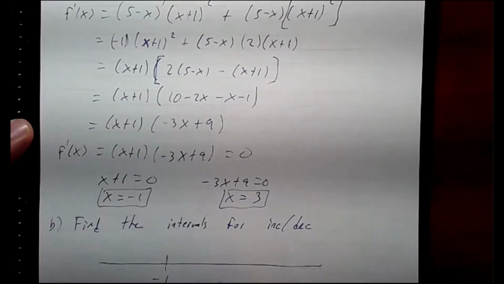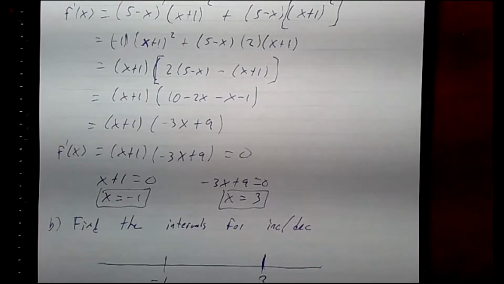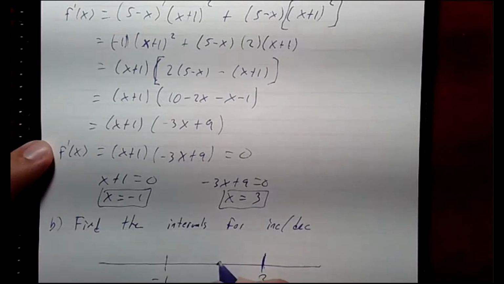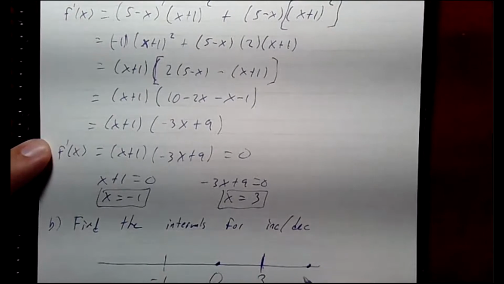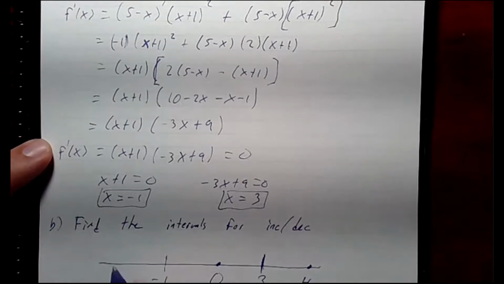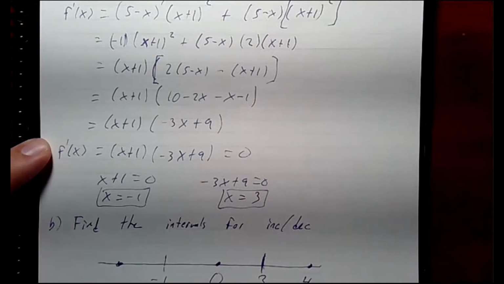So here's -1, here's 3. I'm going to pick 0 in the middle. I'm going to pick 4. I'm going to pick, I don't know, -2, I guess.